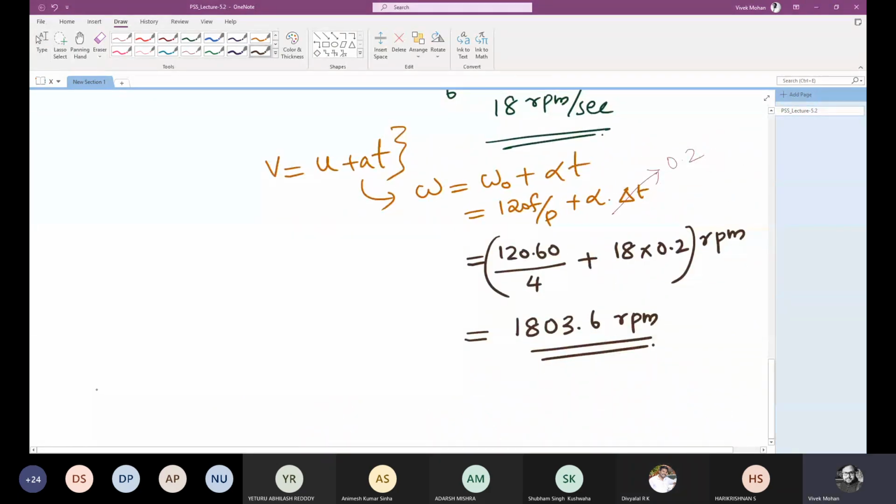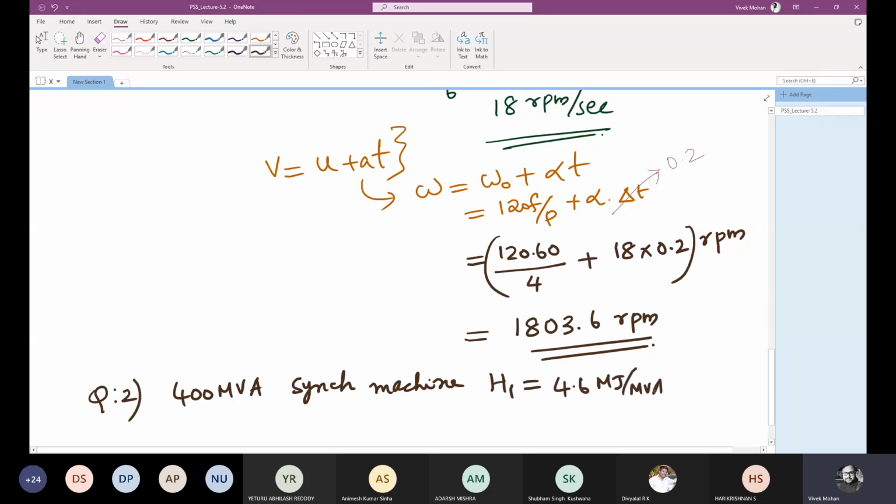Now let's move on to question number 2. A 400 MVA synchronous machine has H1 equals 4.6 megajoules per MVA, and a second machine, a 1200 MVA machine, has H2 equals 3 megajoules per MVA.